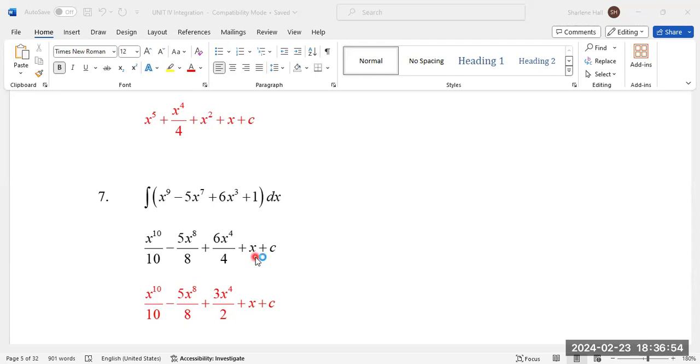So it's not just x to the 4th. It has to be x to the 4th divided by 4. Anything that comes with x to the 4th, the coefficient and everything, you're going to divide over the new power. All right. So anybody else in the class got this one for the answer?